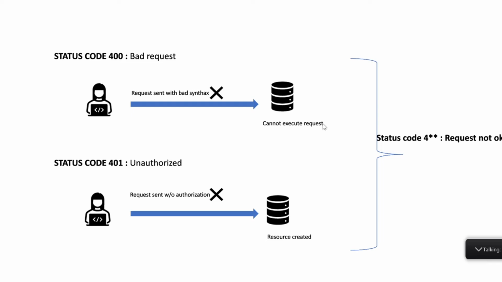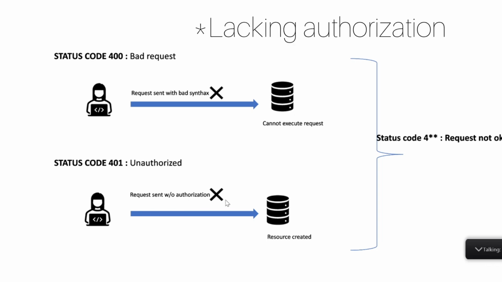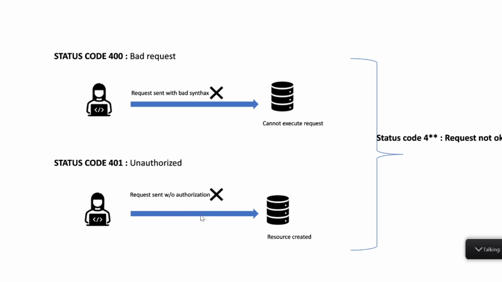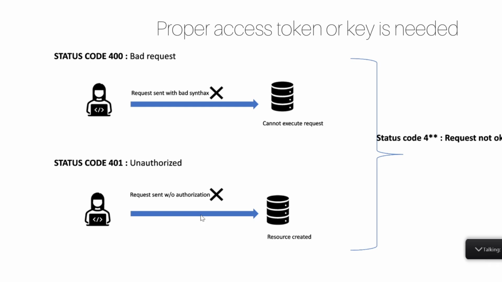Next, if you receive a code 401, it specifically means that there is an authorization issue. Perhaps your request was well formulated and your syntax was okay, but you are either lacking proper authorization to request what you are requesting, or your authorization has expired.